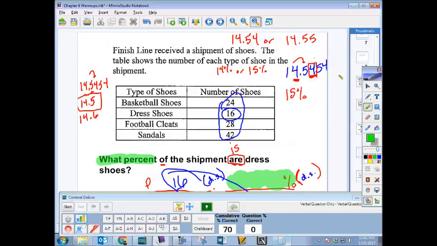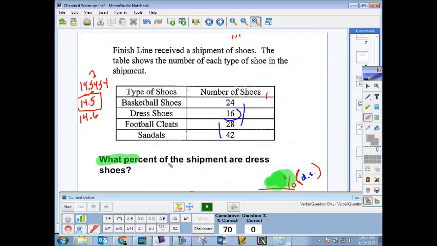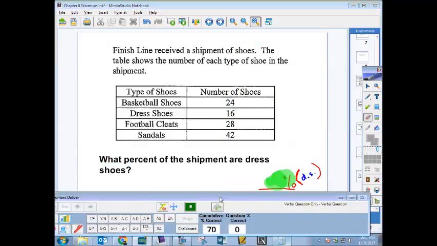What's it going to be? 14.55. That 4 looks to the 5 to the right, and it says go up, raise the score, 14.55. But I told you all to round to the whole percentage, so that's why I wanted 15%. Everybody got it? Okay.